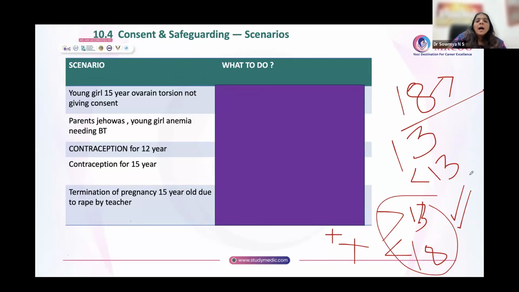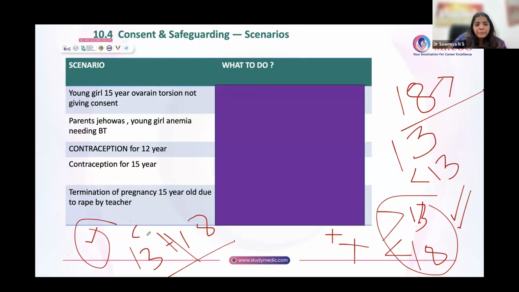And for these people, what to do? This fragile age group between 13 to 18. For example, there is an ectopic which you need to operate on, but the girl is not accepting. You have her biological mother, who is willing, so you take her consent.